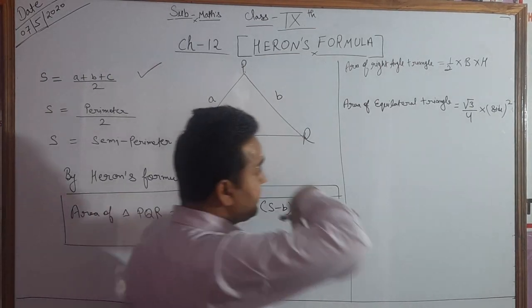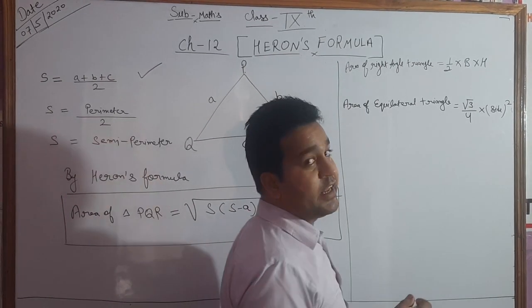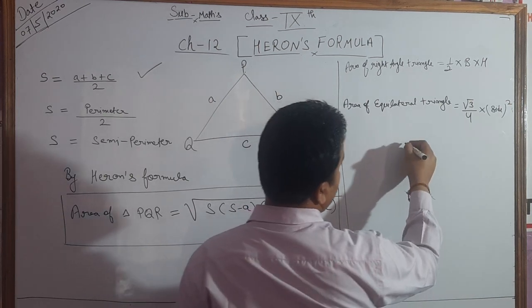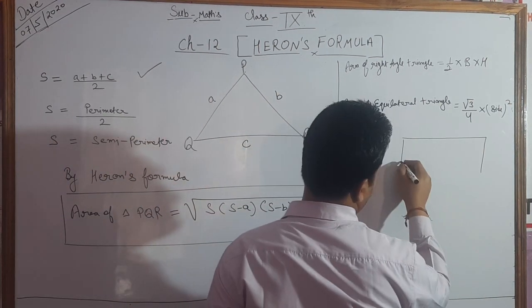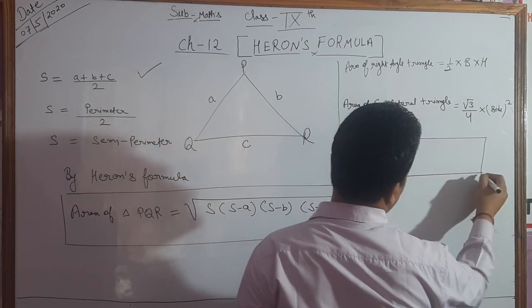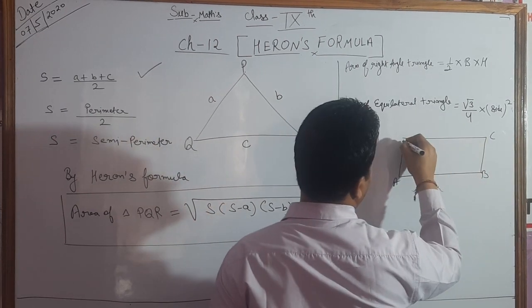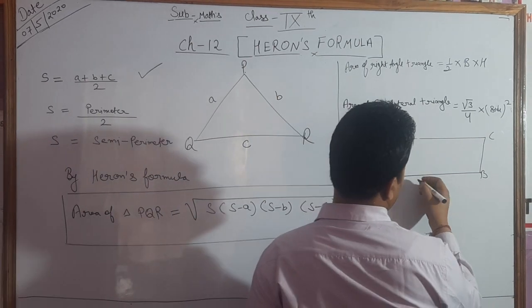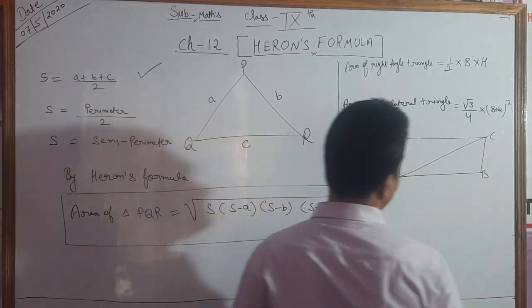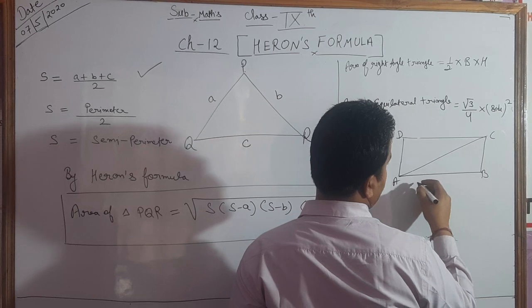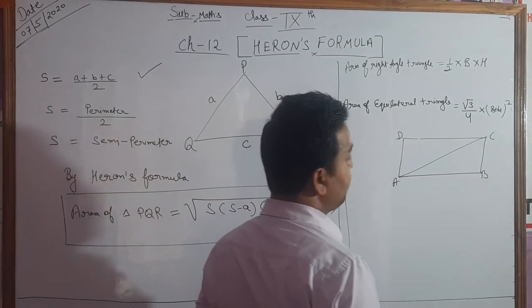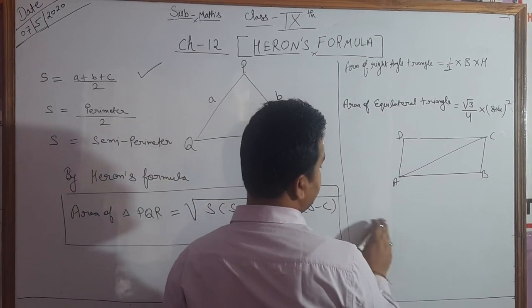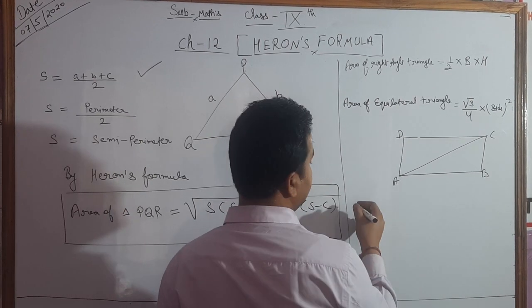Okay. Sometimes it is given that you have to find the area of a quadrilateral. Suppose one quadrilateral I am giving here, A, B, C, D, and one diagonal is also given here. And if they ask that you have to find the area of quadrilateral ABCD, then what do you do?